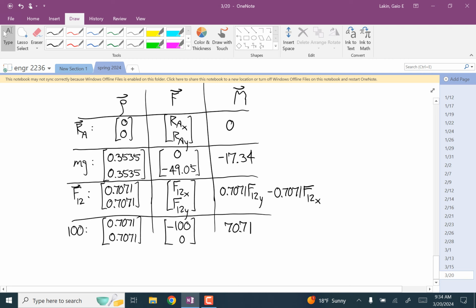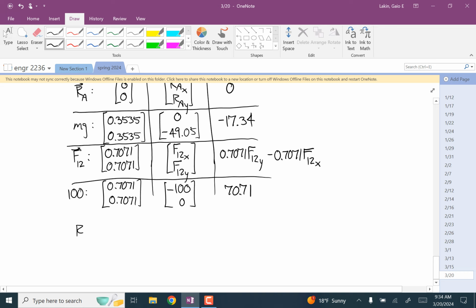Do we use Newton's second law for this one? No, so just go straight to the moment equation.